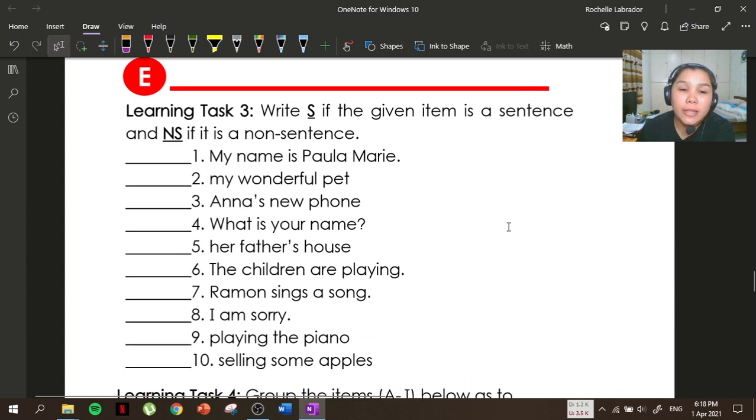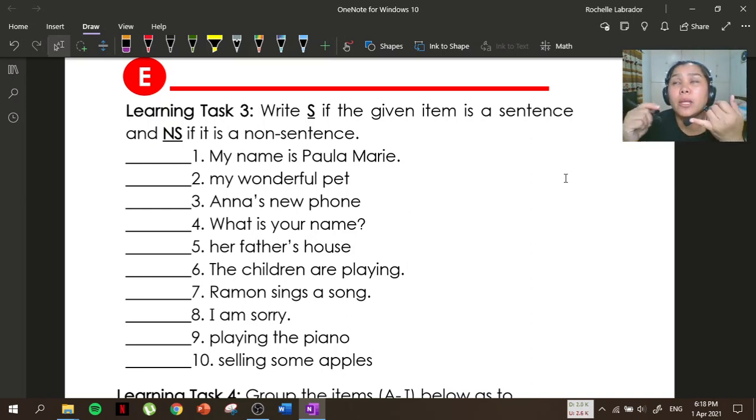Okay, for learning task 3, write S if the given item is a sentence and NS if it is a non-sentence. Okay, so take note of what we considered as clues to identify it as a sentence. So tingnan niyo mabuti. If it tells a complete thought or a story, then it is a sentence.